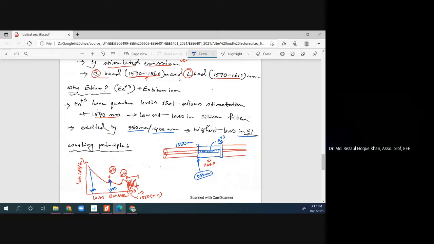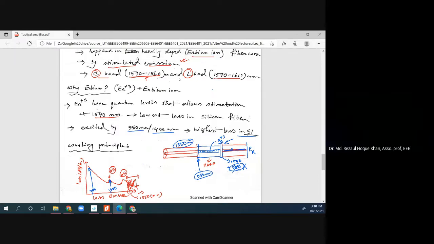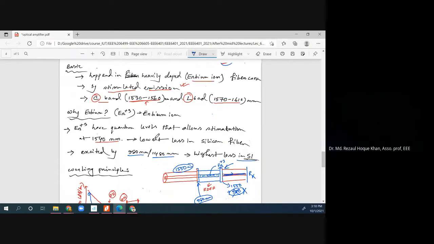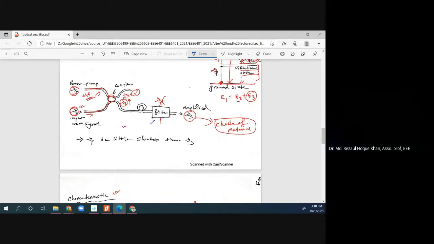This 980 will boost our 1550 signal, but what comes out? The amplified 1550 signal plus this 980, because we do not use any filter here, so 980 will not be automatically discarded. But because silicon has a huge loss at 980, this signal will soon die out, and when you receive at the receiver, this signal will be no more, because it is already attenuated in the fiber. So you do not need to use any separate filter, which you would have to use, for example, in Raman amplification.